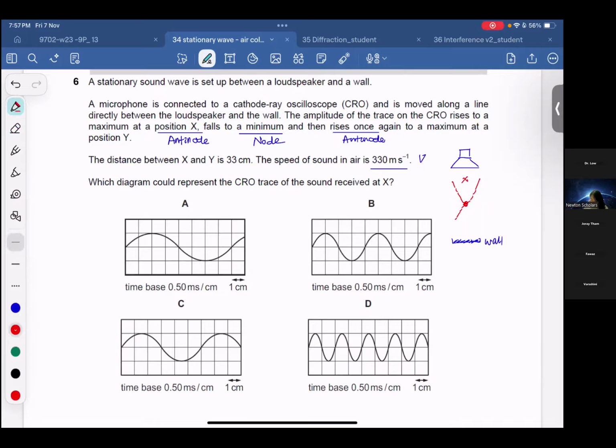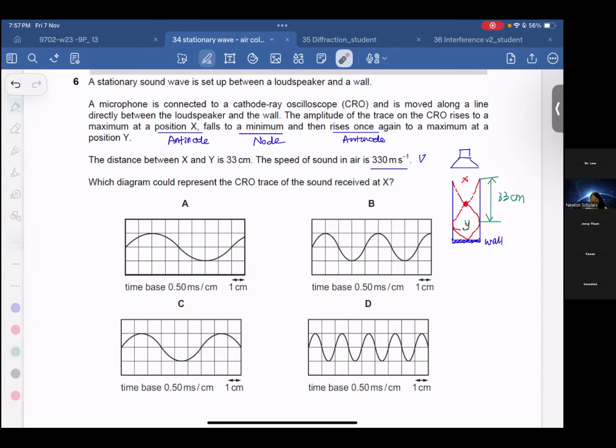Oops. Wait. Go back. Okay, here, it will be roughly like this. Y here is an antinode, and from here, antinode. From here to here, X to Y, is actually your 33 cm.